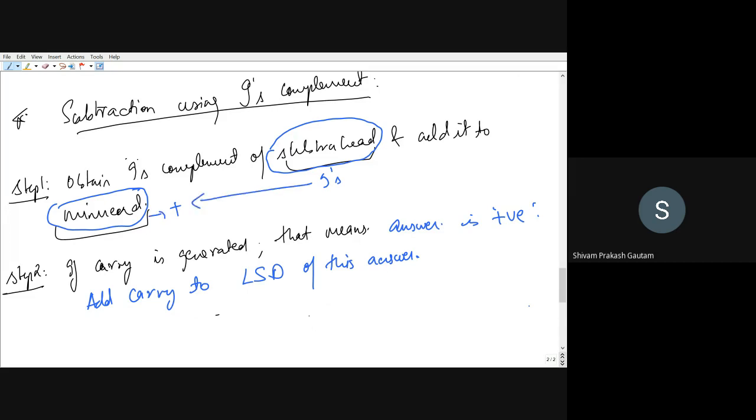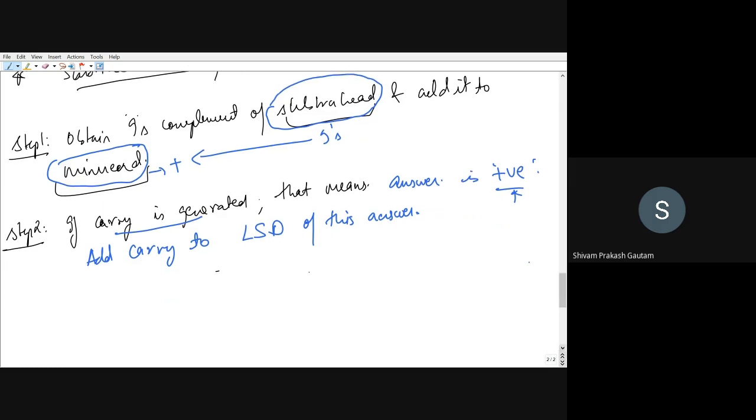If there is a carry after addition, it means your answer is positive, because when subtracting, the answer can be negative if you subtract a larger number from a smaller number. There are 2 cases. If there is a carry, the answer is positive, and you add the carry to the least significant digit of the answer.